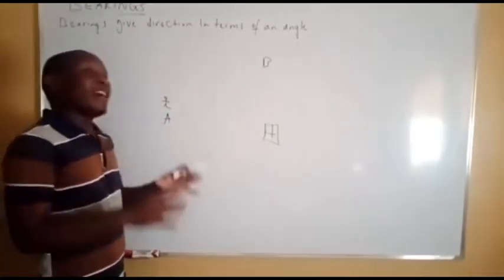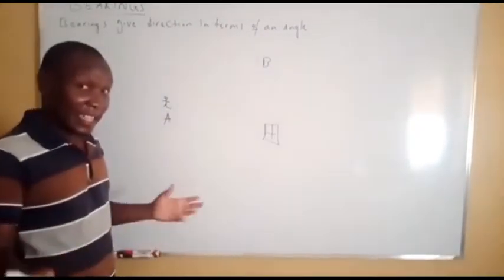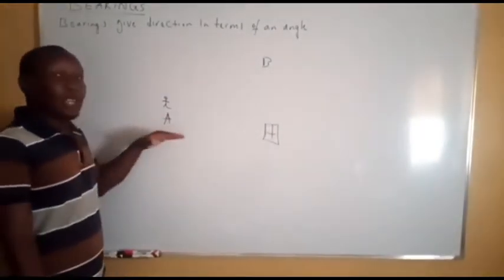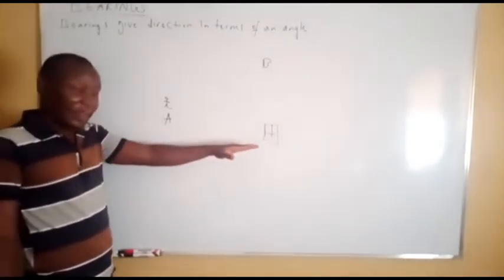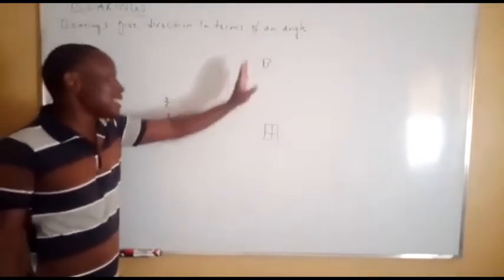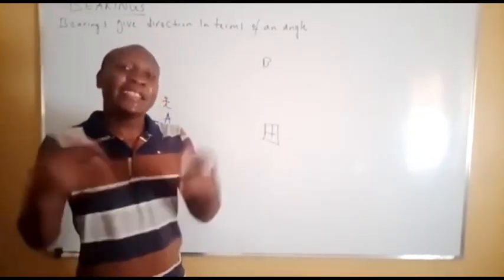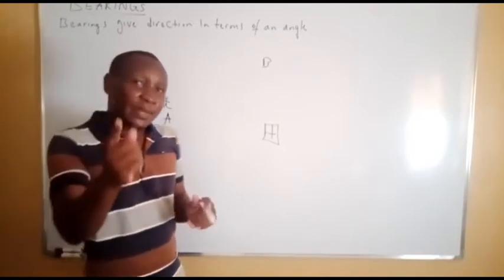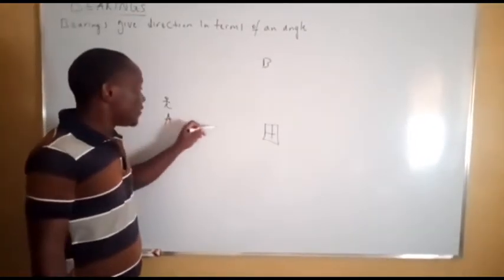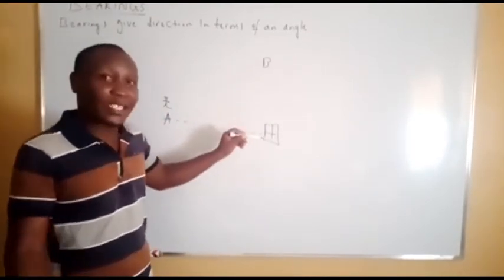Under normal circumstances, some people will give John directions. For example, they'll tell John, first move from town A, go straight, then you find a building. Then turn to your left, then move straight. You find town B. So John will first move from town A to the building, then when he reaches the building, he must turn to his left.